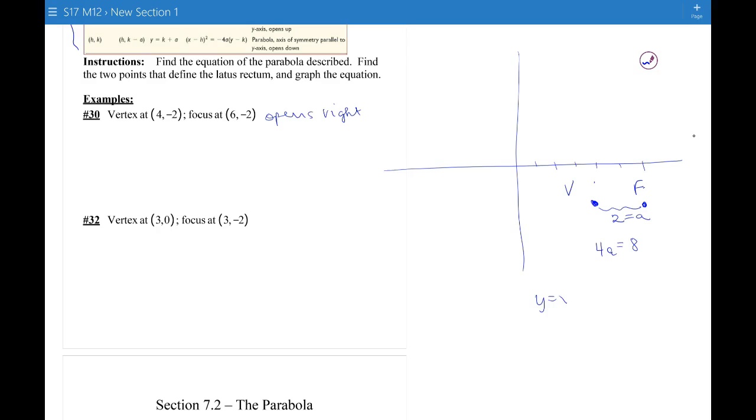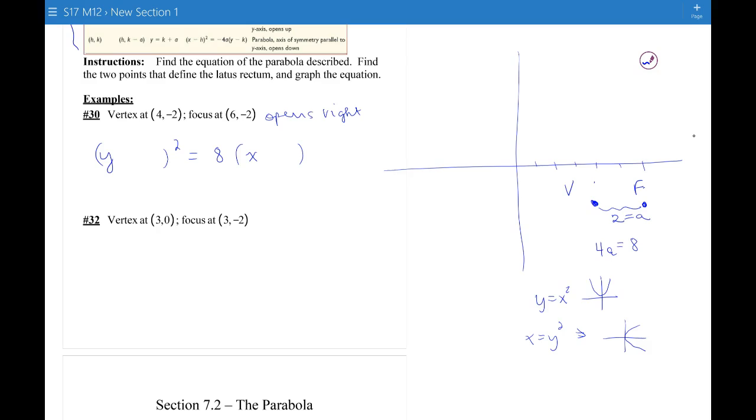Well, if y equals x squared is the parent graph for this guy, then it must be x equals y squared is the parent graph for this guy. So that's how I remember. I remember y equals x squared, and then I know if it opens sideways, it has to be the other way around. So the y squared is going to be by itself on one side. The 4a is going to be on the side where I don't have a squared.